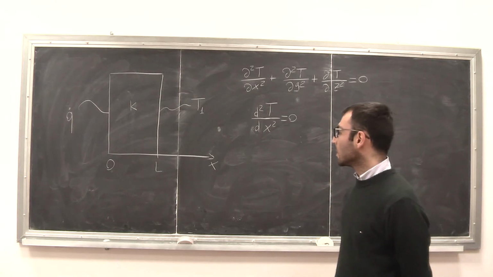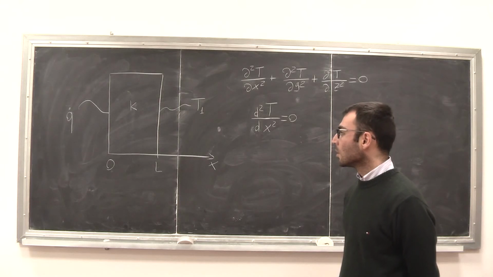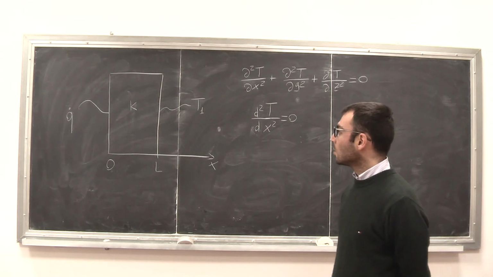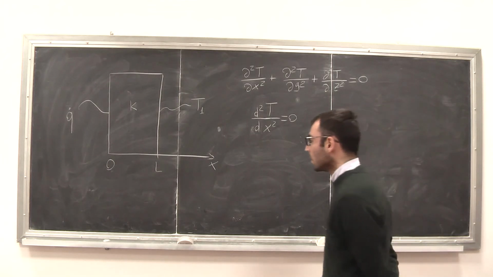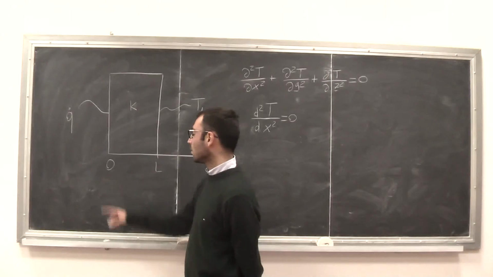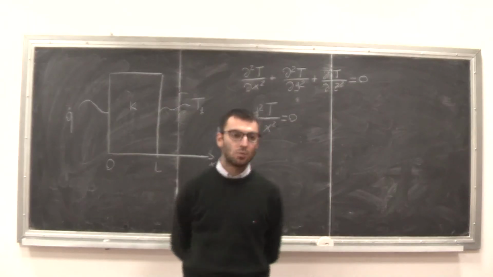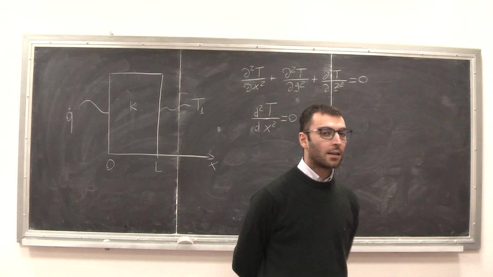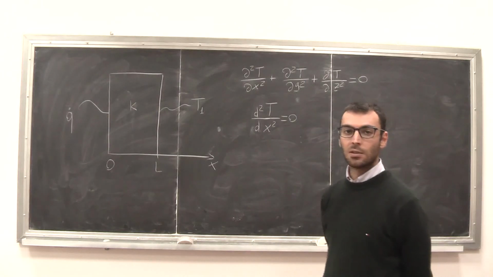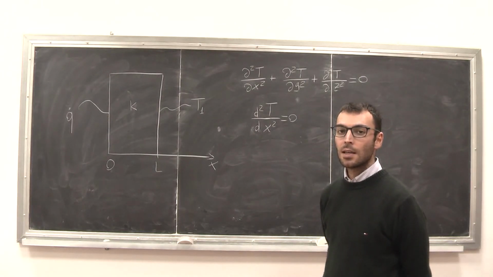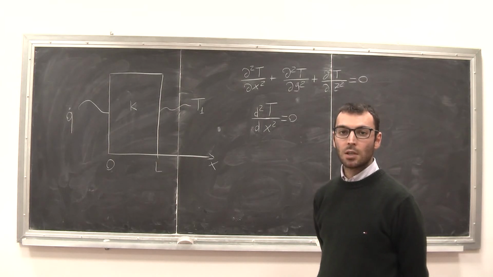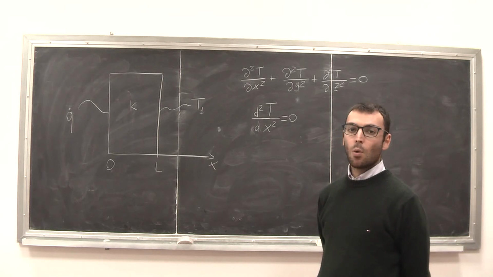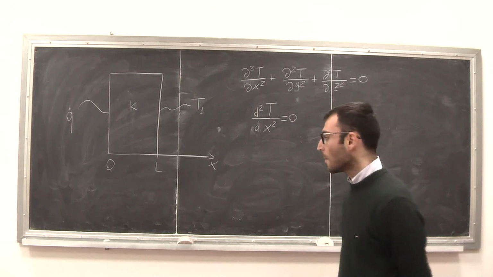We have the boundary condition on the two sides of our wall, in x equals 0 and x equal to L. Because we know that in x equals 0 there is a constant heat flux, and in x equal L a constant temperature is kept. So we need to formalize these boundary conditions.